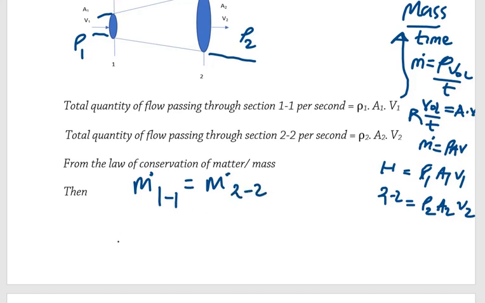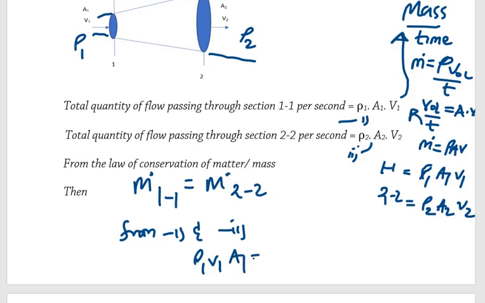So from equations 1 and 2, rho 1 V1 A1 will equal rho 2 V2 A2.